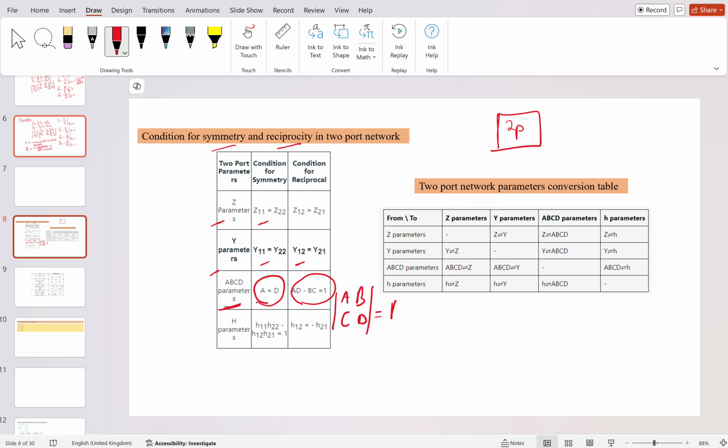Reciprocity means you have a two-port network with V1, plus minus, and V2, plus minus, and the current coming in here as I1 and here as I2. Suppose you want to exchange the source, so this is the source and this is the output terminal. When you want to exchange the source with the output, or the output with the source, in that situation it is called reciprocity basically.